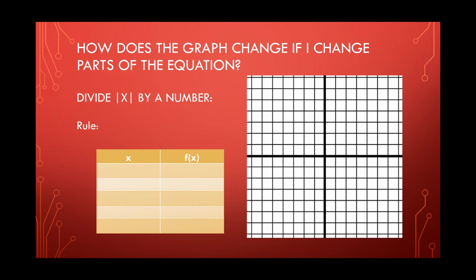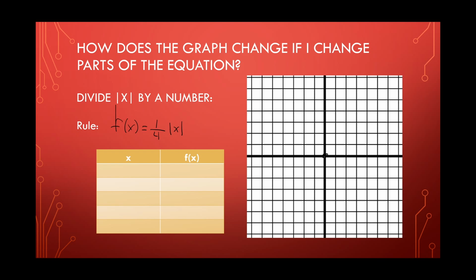What happens if my number is smaller than 1? I just want to know what happens if A is smaller than 1. It's kind of between 0 and 1. I'm really dividing by a number, right?